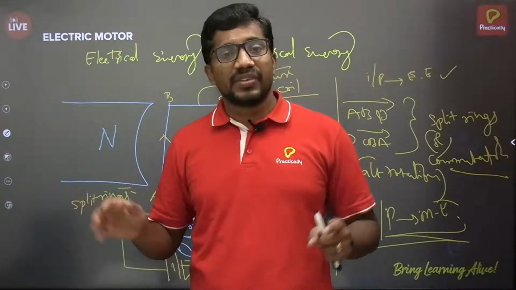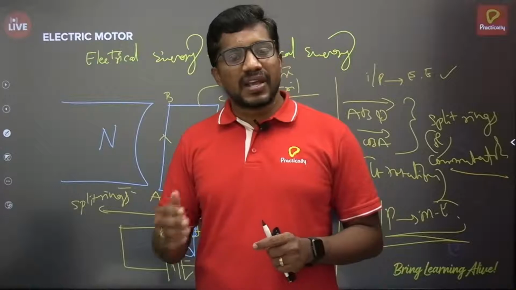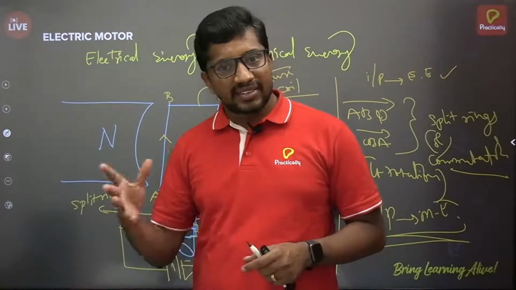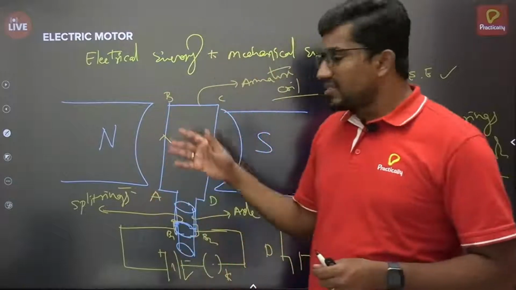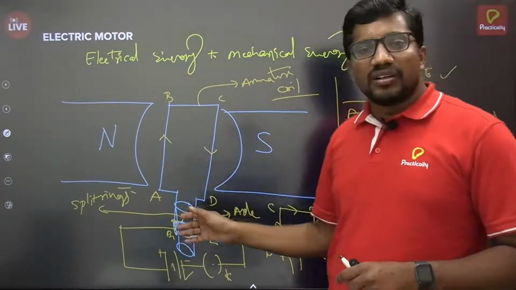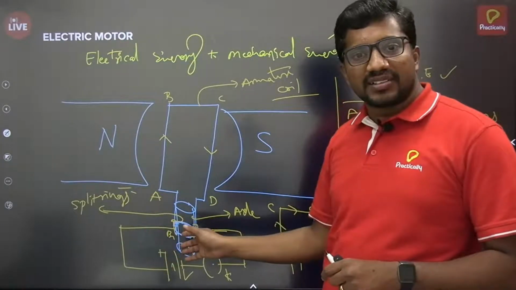It works on the principle that when a current carrying conductor is placed in a magnetic field, it experiences a force. Next, construction. It consists of an armature coil ABCD which is connected to an axle rod with the help of contact brushes and split rings, as shown in the figure.